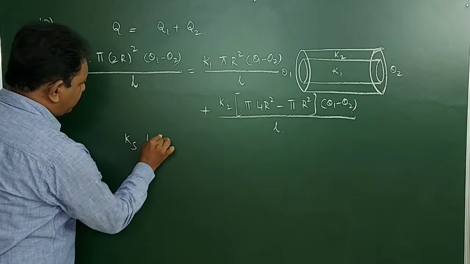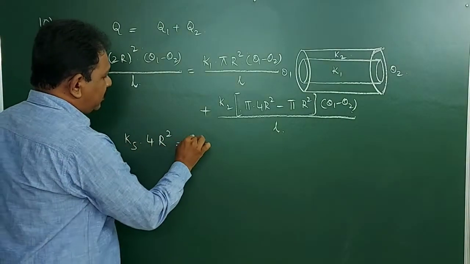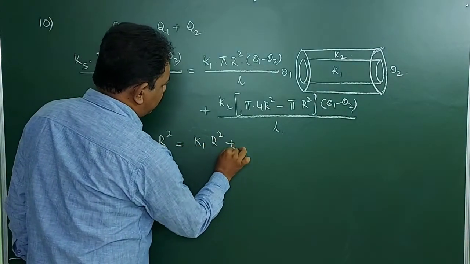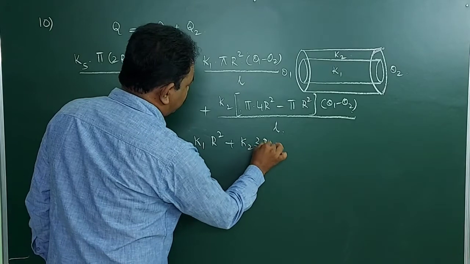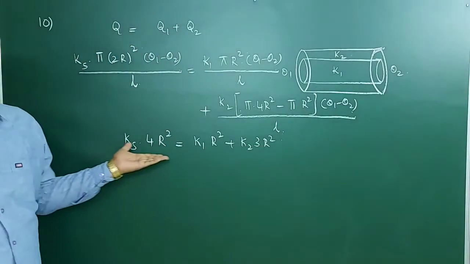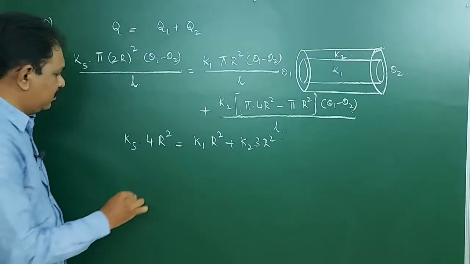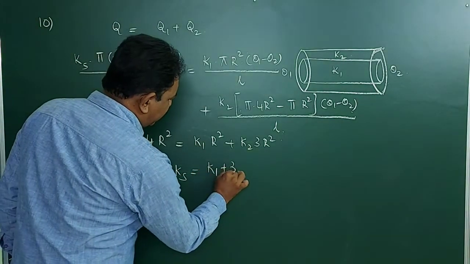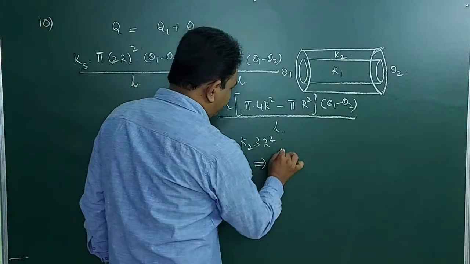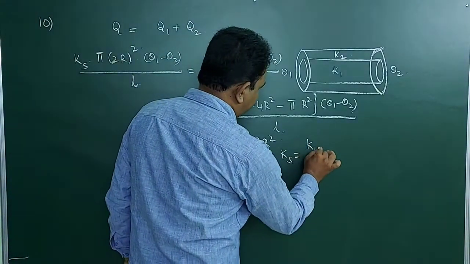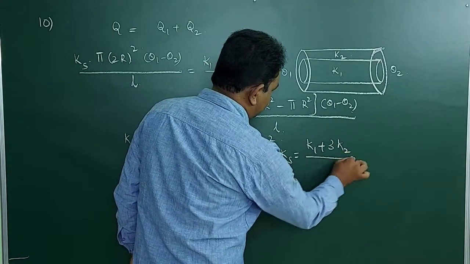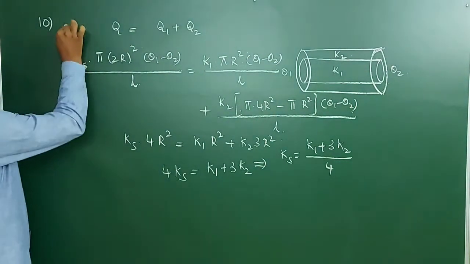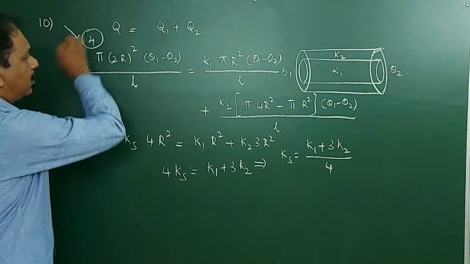Ks into 4r square is equal to K1 into r square plus K2 into 3r square. R square also cancels. So, 4Ks is equal to K1 plus 3K2. Ks is equal to (K1 plus 3K2) by 4. So, 10th question, it will be 4th option.